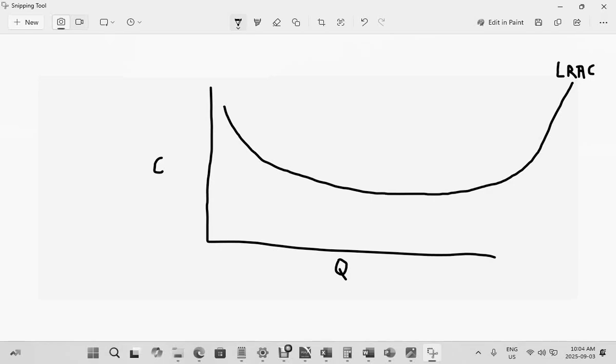So say, for example, at this point, about 6 months into production, your cost of production, and this is your short range average cost curve, will keep falling down.